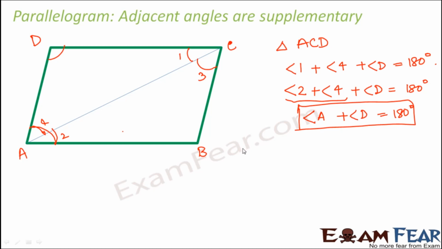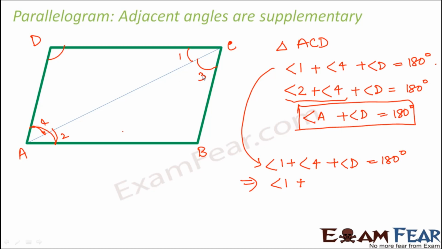In a similar way, you can also prove that angle D plus angle C is also equal to 180 degrees. And that's again very simple. Like what we had written here, angle 1 plus angle 4 plus angle D is equal to 180 degrees. Now instead of writing angle 1 as angle 2, we can also write angle 4.